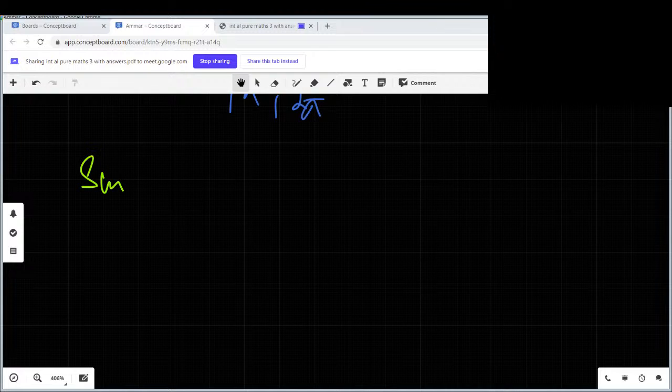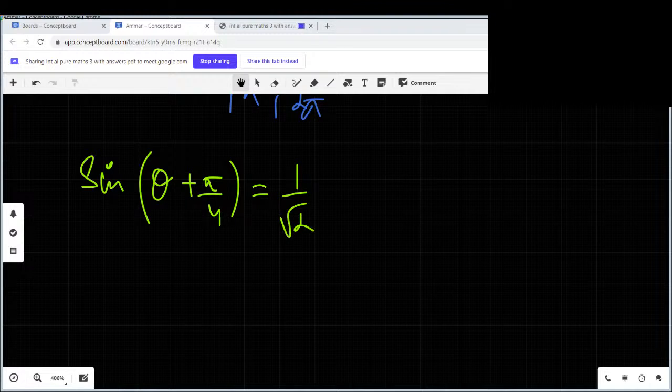Sine of theta plus pi by 4 is equal to 1 over root 2 times sine theta plus cos theta, right?